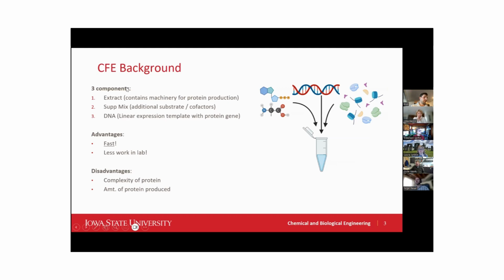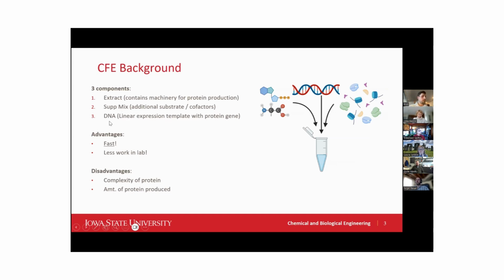When I create these reactions, there are three components I'm mixing together to generate our protein. The first part is the extract, which is harvested from cells, and this contains all the necessary machinery for protein production. The second part is the supplemental mixture that contains all of the other substrates and cofactors needed for protein production.